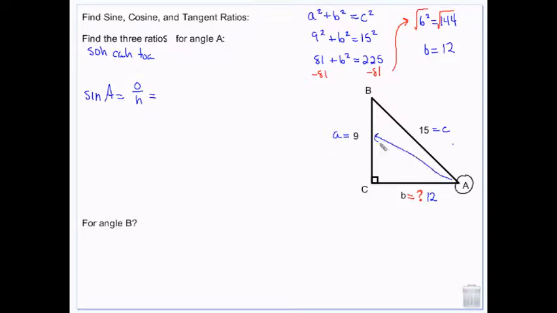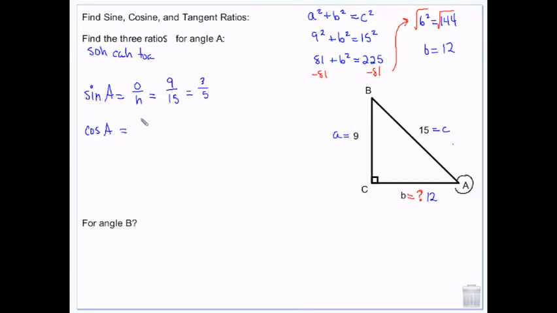Opposite of A is 9, and hypotenuse is 15. Now I need to reduce that. What do you write? Sine. That's what you have to write. The sine of A is equal to opposite over hypotenuse. I'm going to reduce this, and it's 3/5. So the sine of A is 3/5.